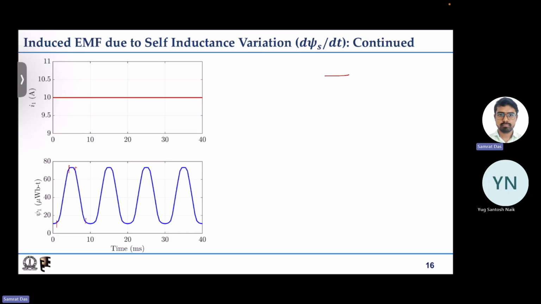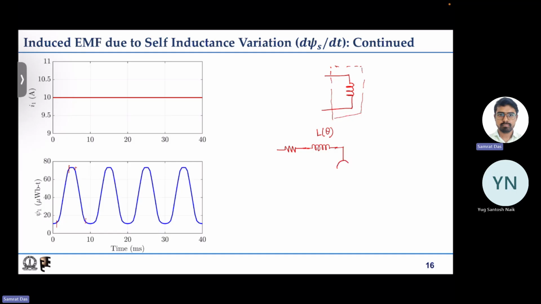If this is our physical winding, then of course there will be some resistance of the winding, so an IR drop, and there will be some induced EMF, that is E. This induced EMF E for this case will have two components. One is an L di/dt term, since there is an inductance dependent on the rotor position, and there will be some L into di/dt drop across that inductance.